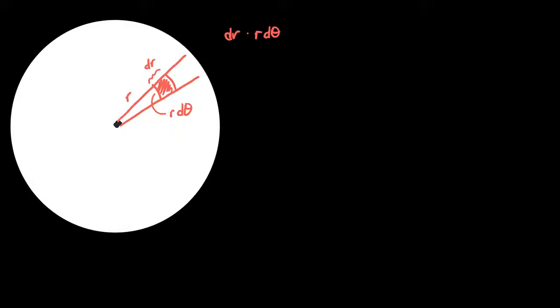r d theta, which is also a length in meters. And then I tried to make the statement that that is not a true square. So multiplying it together won't really give you the area, it'll give you something close to the area. But the beautiful thing about calculus is that this is at such an infinitesimally small area that it is a square.